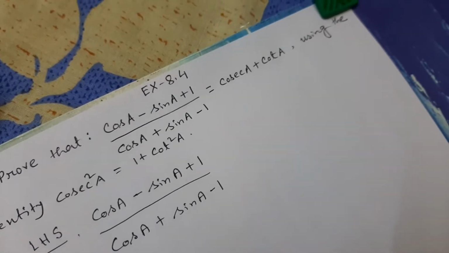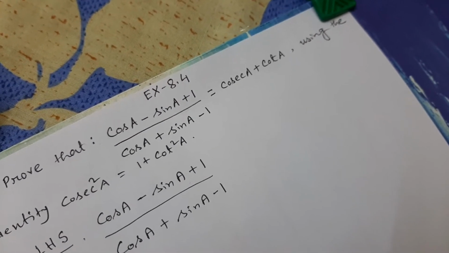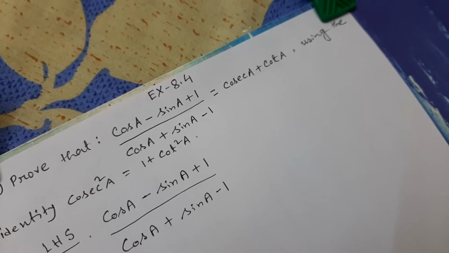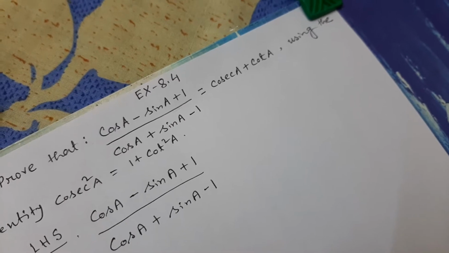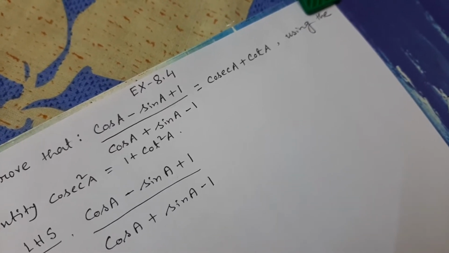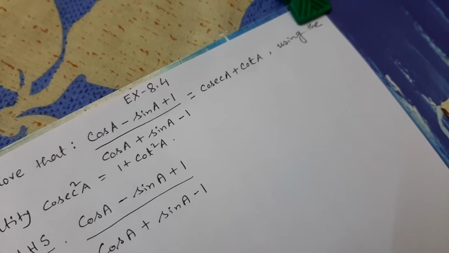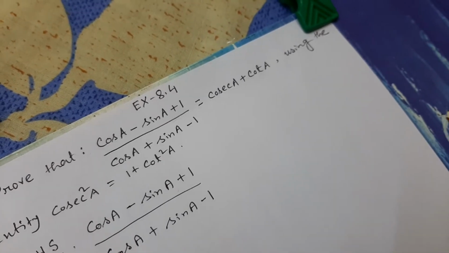See the right hand side is cosec A plus cot A. So you have to convert cos and sin to cosec and cot. And we know cos by sin is cot and 1 by sin is cosec.